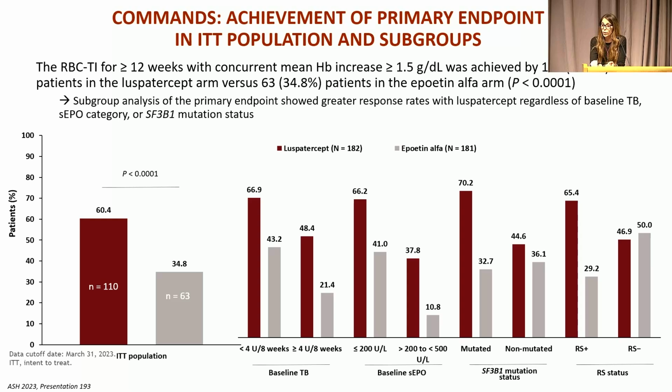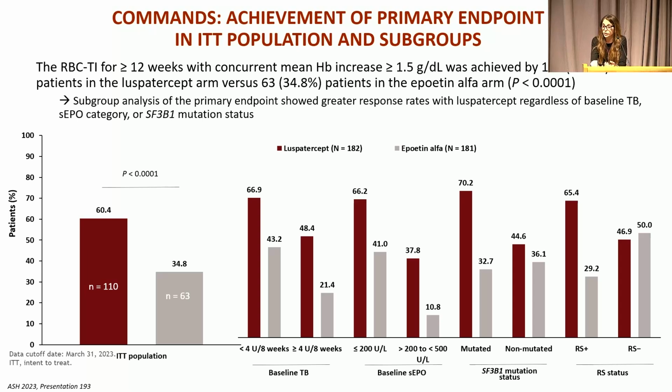And when patients were dissected better, we can note that luspatercept is more active compared to epoetin alpha in patients who had a transfusion burden of more than 4 units per 8 weeks, as we expected from past trials, such as EPO-ANTI for epoetin.